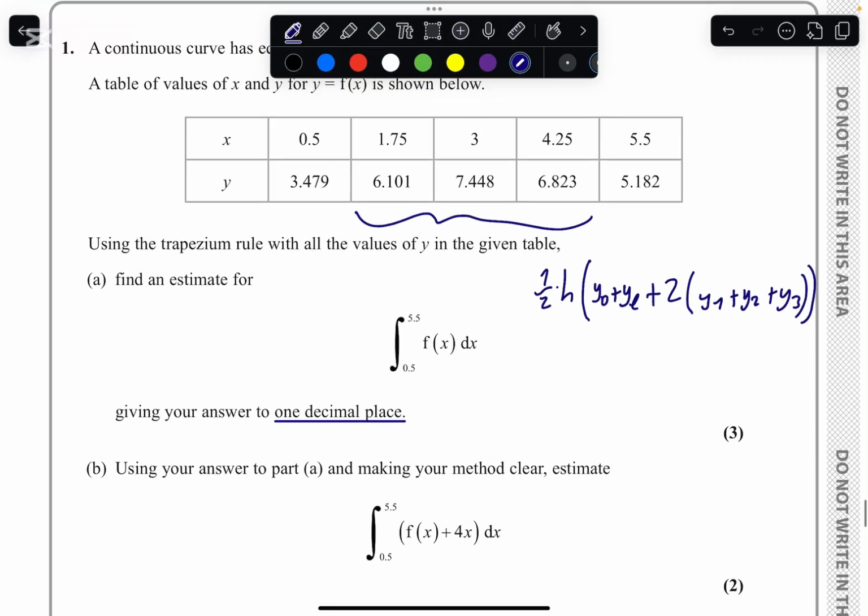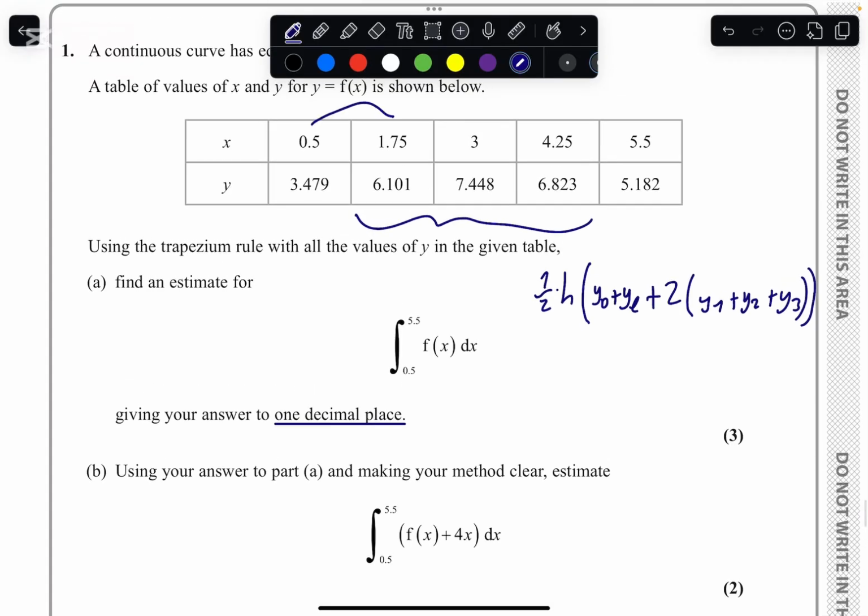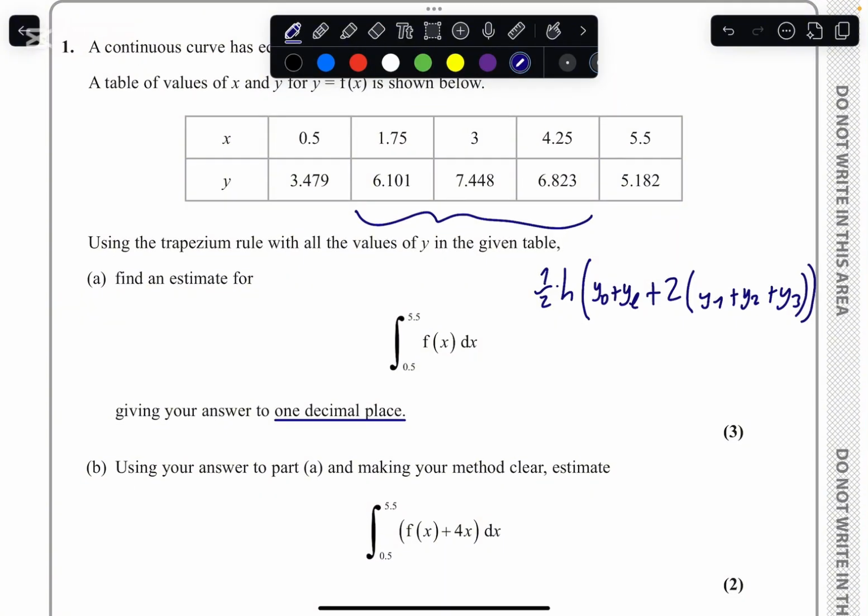The h is always the difference between these x values. In this case, h is 1.25 because we can do 1.75 minus 0.5, which gives 1.25.